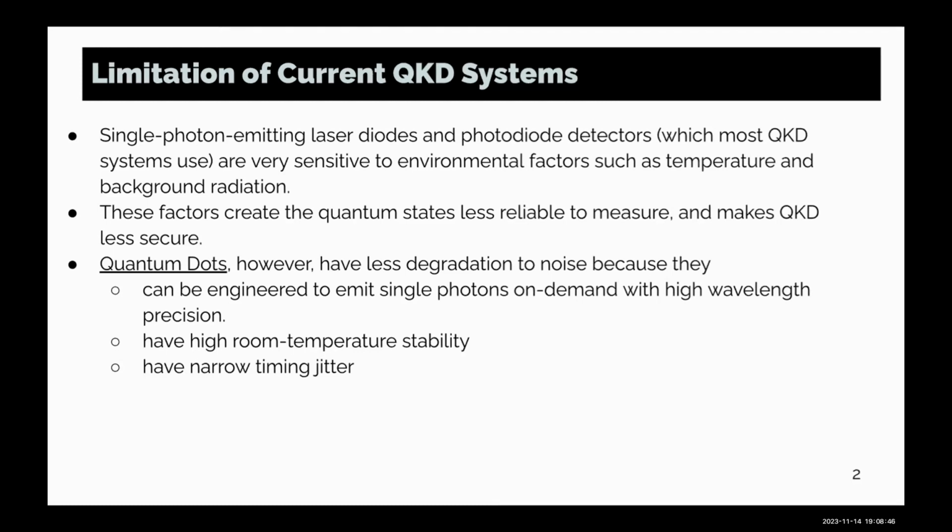This is because quantum dots can be engineered to emit single photons with extremely high wavelength precision. Additionally, quantum dots can operate just fine in room temperature conditions, eliminating any worries for temperature-related noise. And finally, quantum dots can be controlled to have very narrow timing jitters, meaning that we can accurately control when a quantum dot emits photons.